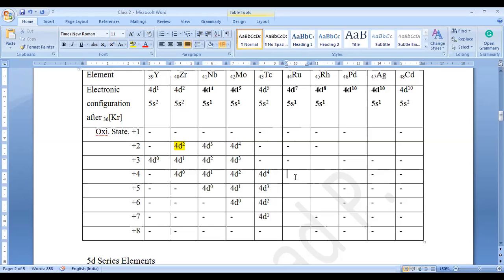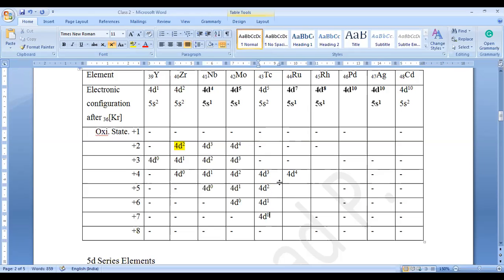In case of ruthenium also, it gives a +4 oxidation state. Plus 4 oxidation state means how many electrons? 4 electrons we have to remove from the system. Then it becomes 4d4. Okay, did I make a mistake? So here it is +4 oxidation state. That means it becomes 4d3, this becomes 4d2, this becomes 4d1, this becomes 4d0.